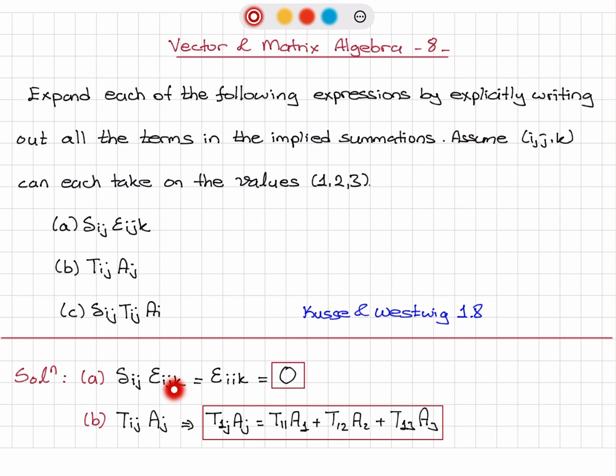So this could be written explicitly, for example, for i equals 1, delta 11 epsilon 111, for example, i, j, and k are all equal to 1, plus delta 12 epsilon 121, etc. So all of these terms.